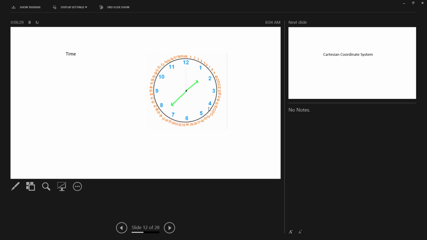So as you can see, there are two line coordinate systems here. One line coordinate system describes the hours, and the other describes the minutes.